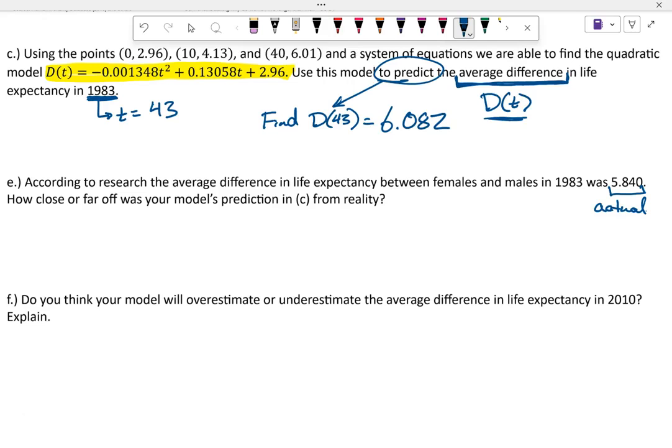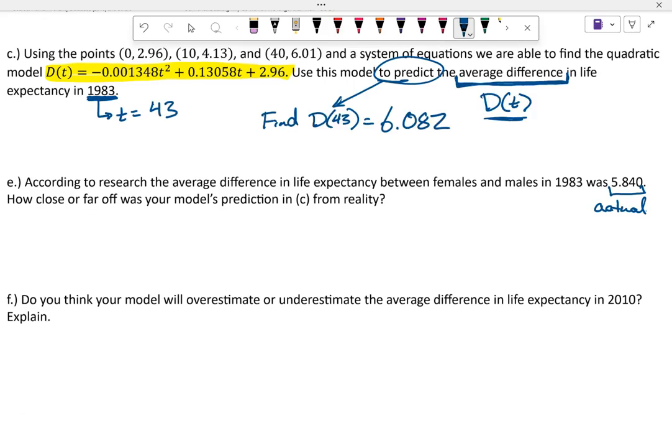Is that close? Yes. This is all based on the data from that website that I mentioned. Okay? So, they're asking how close or far off was your model's prediction from reality? What would we do with those two numbers to determine how close or far off we are?